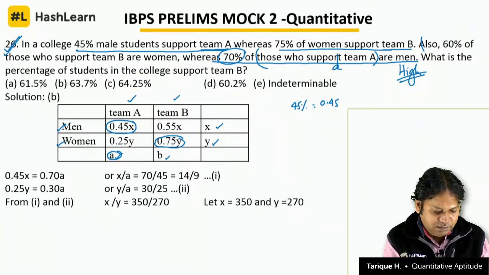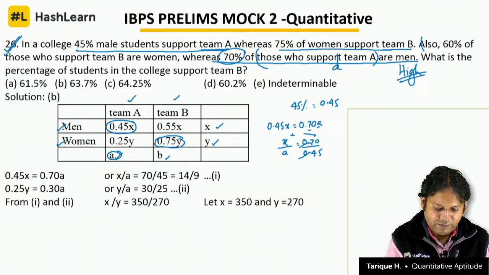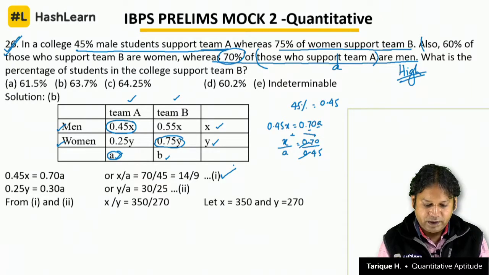We can write x by A: A goes this side, 0.45 goes this side, so x by A is 0.70 by 0.45, which is nothing but 70 by 45. Simplifying, what do we get? 14 by 9. So we get one ratio of x by A.